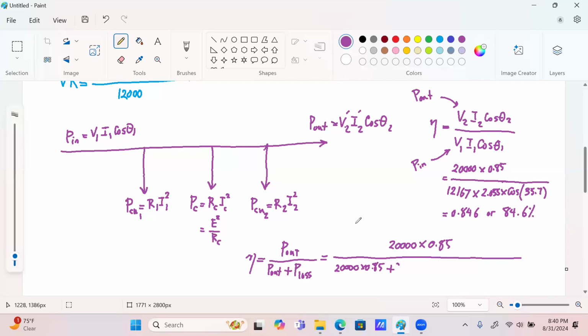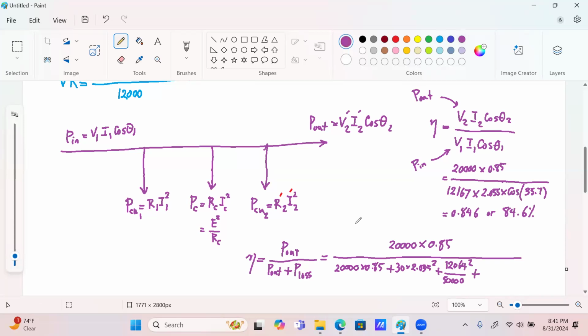So that will be 30 times 2.035 squared, plus P of C, core losses, would be E squared, which is 12,064 squared divided by 50,000, plus R2 I2 squared, or similar to before, this is the same as R2 prime I2 prime squared. So both of them will give you the same thing.